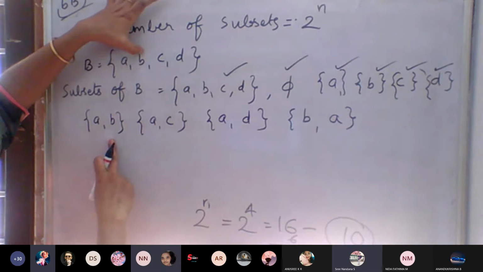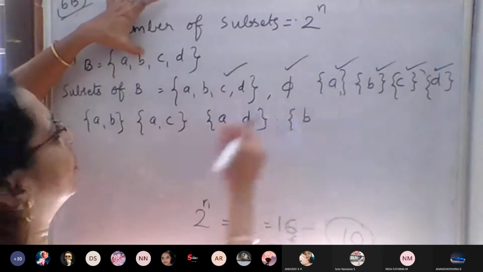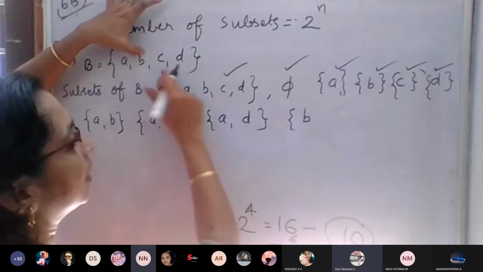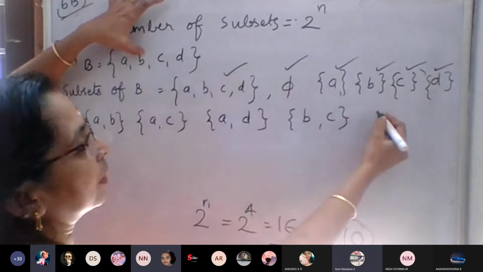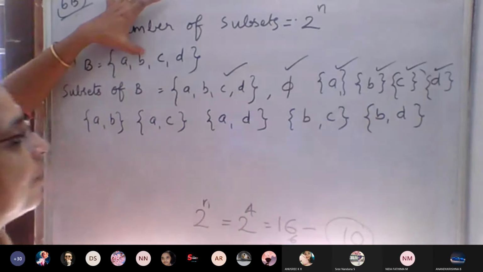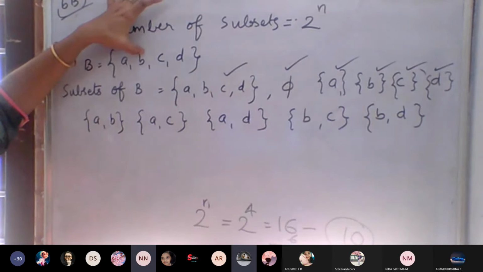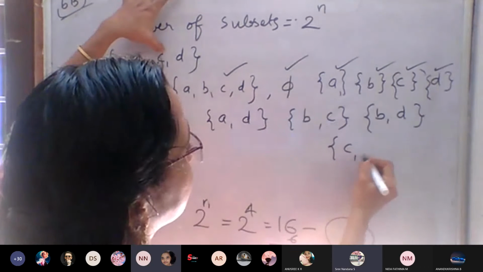So don't go back. Then look forward only. So BC, BD. Set CD. Still completed.